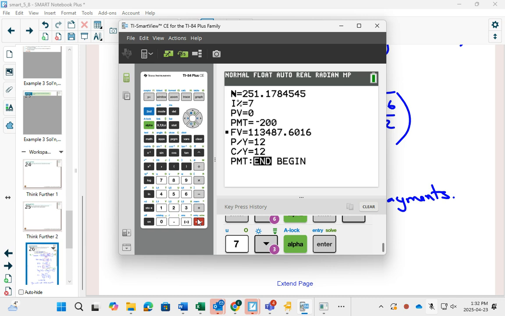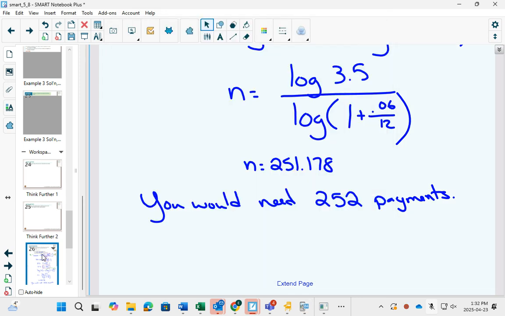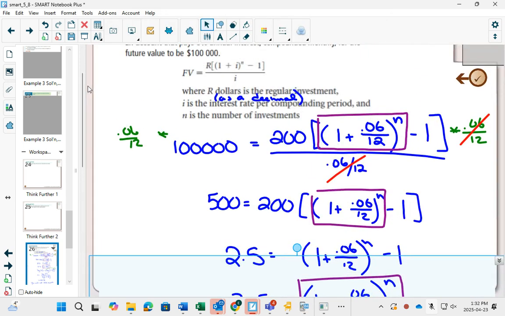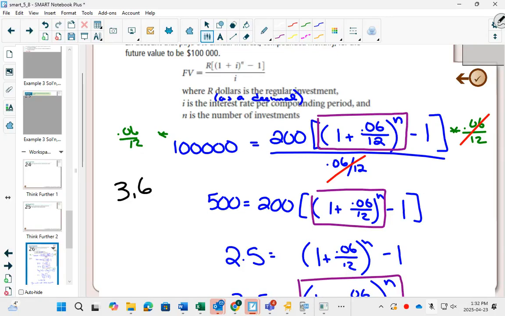But we'll get to that in the next couple of examples. Okay, so 252 payments. We're going to use that program a little bit more as well. I'm going to get you to circle questions 3 and 6. Of course, on your exam, you wouldn't be able to use the TVM solver because it's in a graphing calculator. You have to show all of this work and get that power by itself.